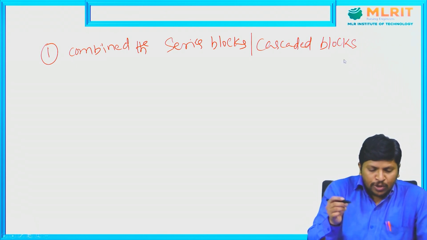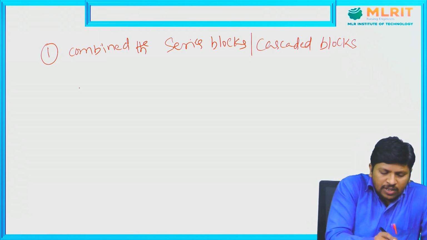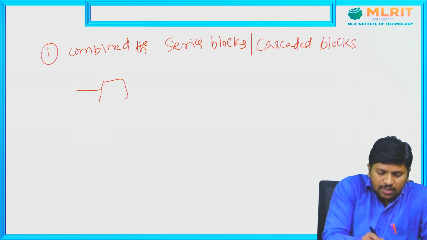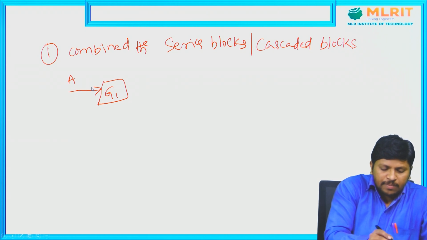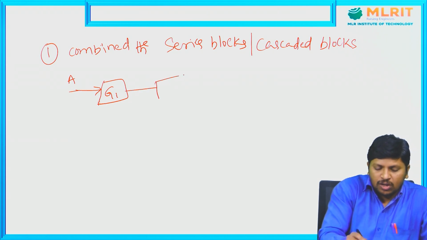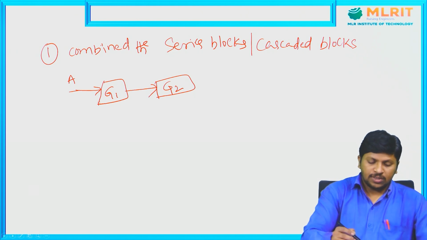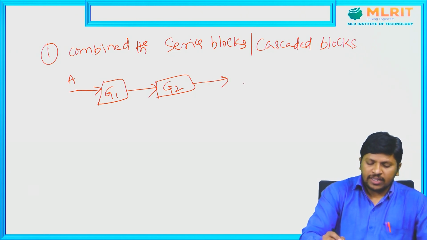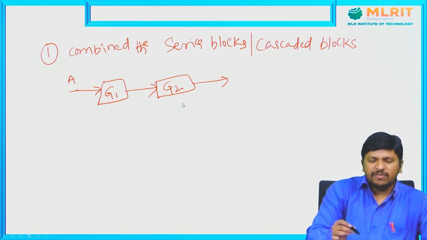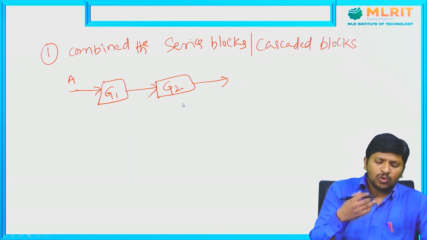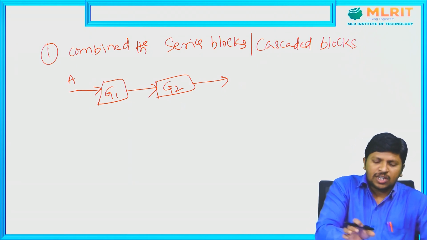I am going to draw one block, G1. I apply one input signal A, and one more block, G2. These two are in series combination. Now we are going to reduce this series combination into a single block.